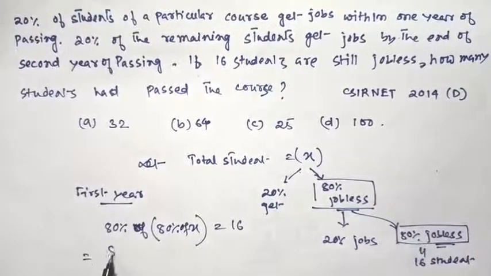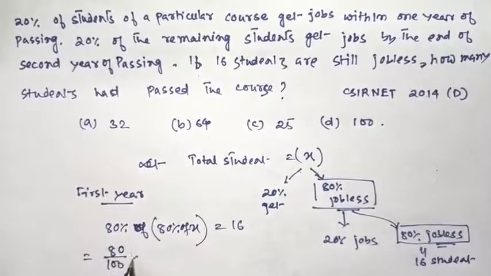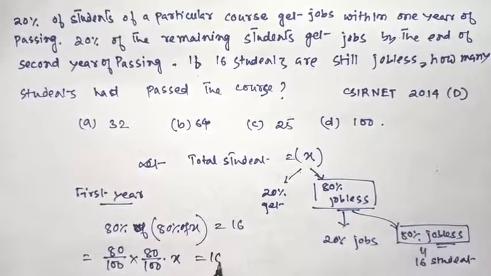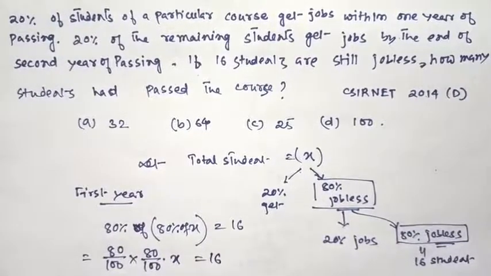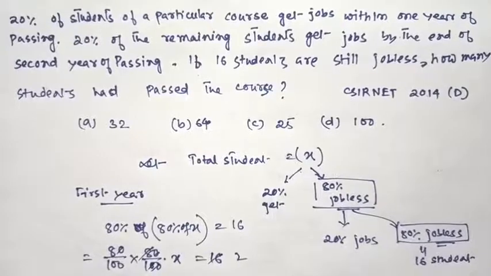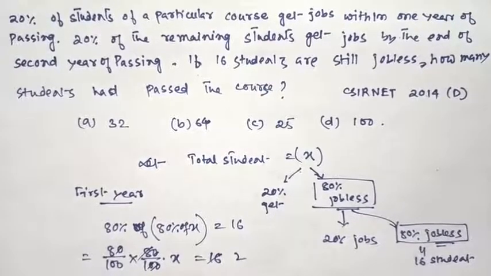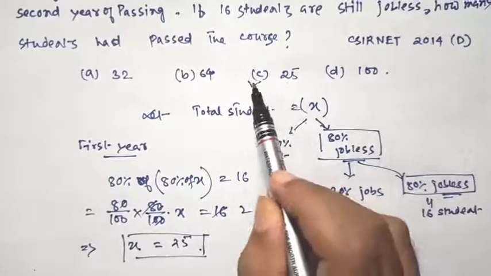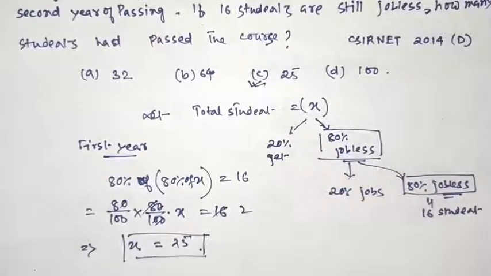So from this we can write 80 divided by 100 into 80 divided by 100 into X equals 16. The zeros will cancel, and X equals 25. So there are 25 students in the course in total. So out of these 4 options, which option will be correct? Option C will be the correct one.